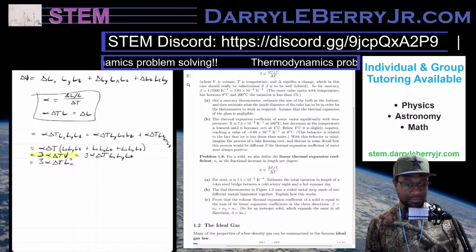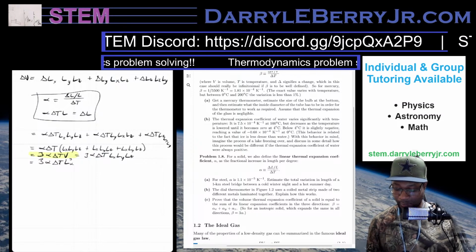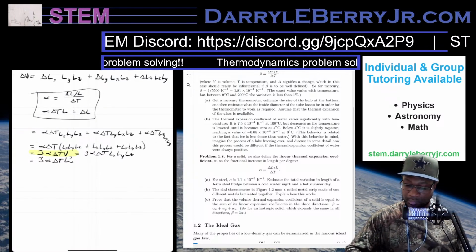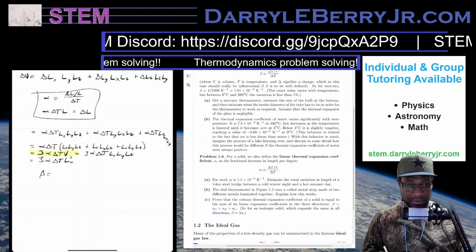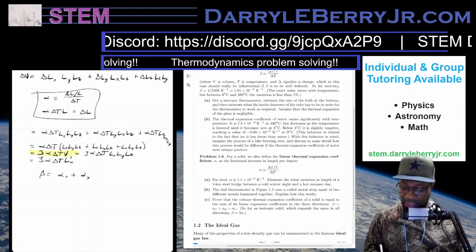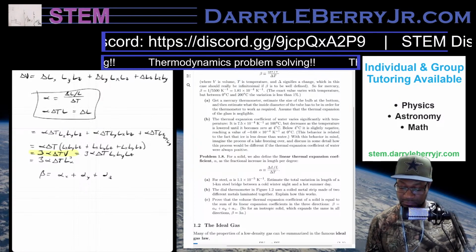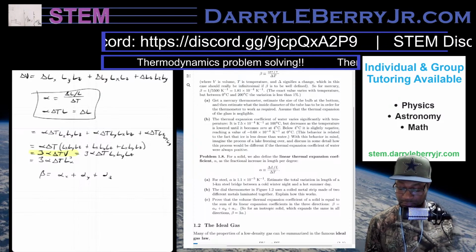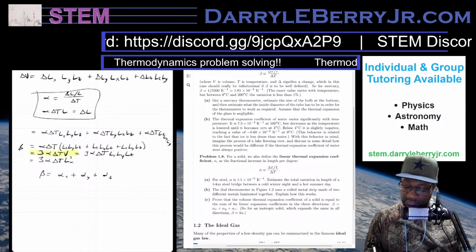Referring to the definition of the volume expansion coefficient beta, we see that this result has the same form. So beta equals alpha x plus alpha y plus alpha z, which is this.